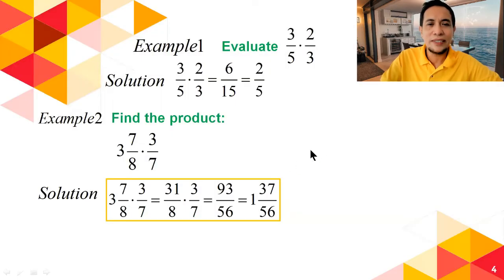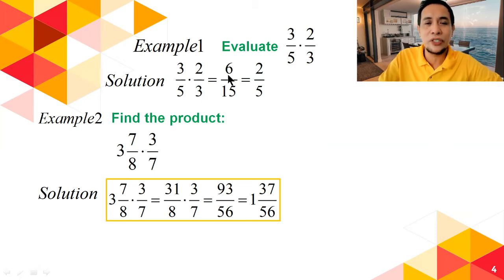Example number 1. We will apply the rules on how to multiply fractions. Evaluate 3 over 5 times 2 over 3. What's the rule? You have to multiply all the numerators. We have 3 times 2 equals 6. All the denominators, 5 times 3 equals 15. And this is reducible.